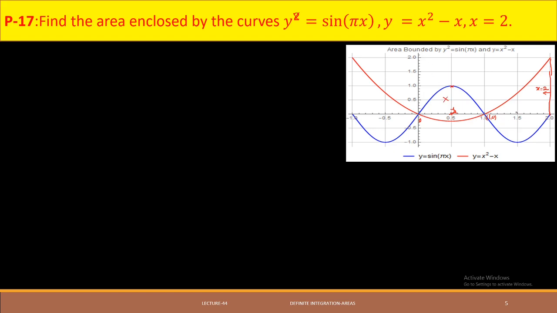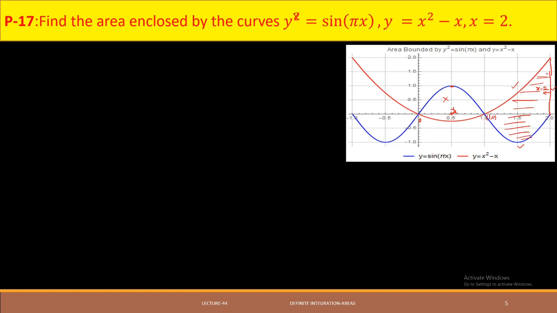And if you look at this portion, it is covered by the parabola on one side, x is equal to 2 on another side, and the sine curve on one side. So this is the required region that we need to find out. After identifying this, of course the point of intersection is known to us: sine pi x and y is equal to x square minus x intersect at 1 comma 0.